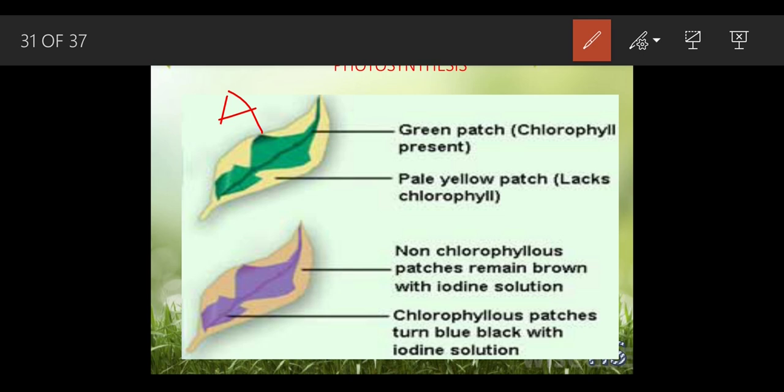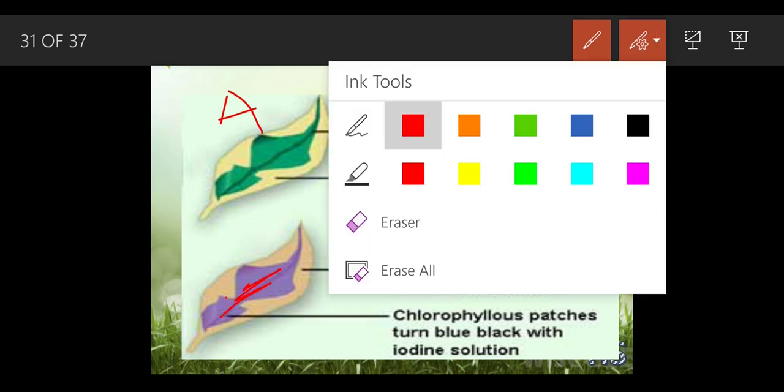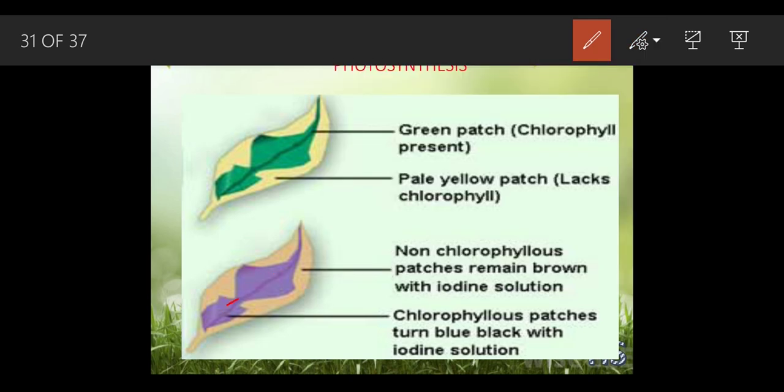And just see to it that the part which is green in color, that's the middle section of this part, I'm talking about this part, turns brown. Why does it turn brown with the iodine solution?